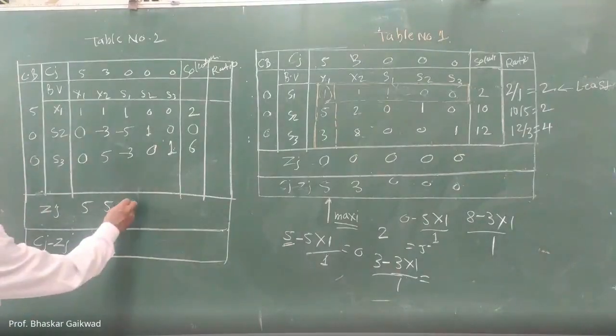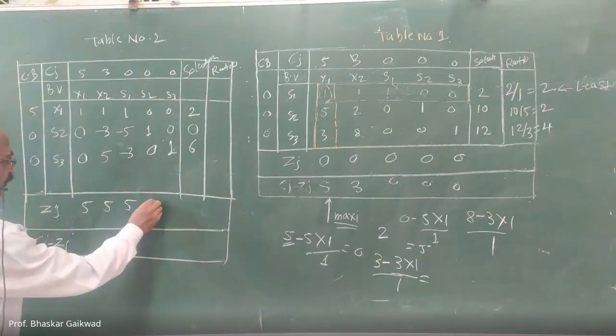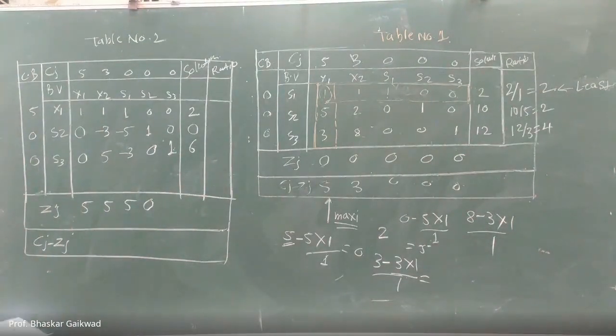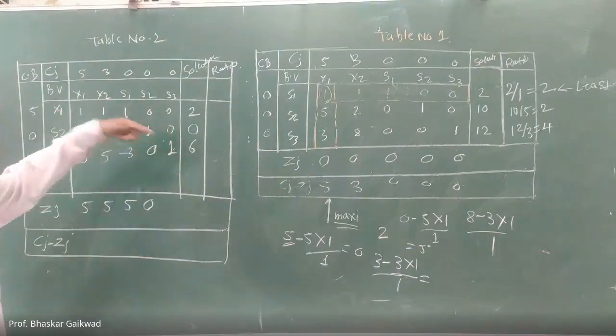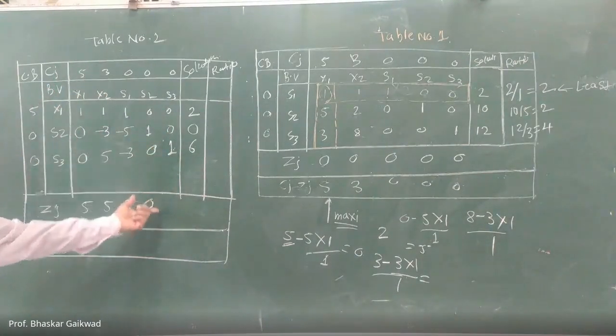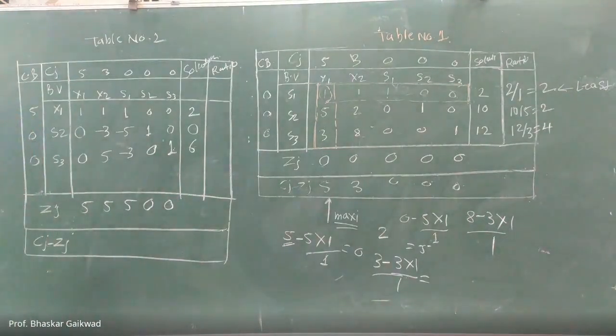Next, 5 into 0 plus 0 into 1 plus 0 into 0. Next, 5 into 0 plus 0 into 0 plus 0 into 1. Shall I write here 0? Correct?